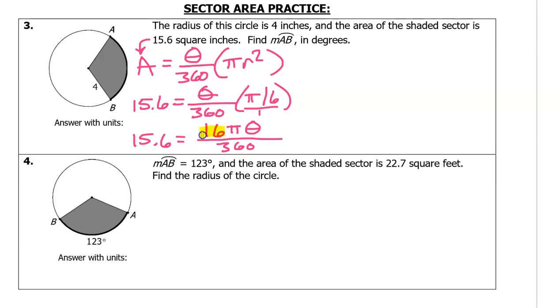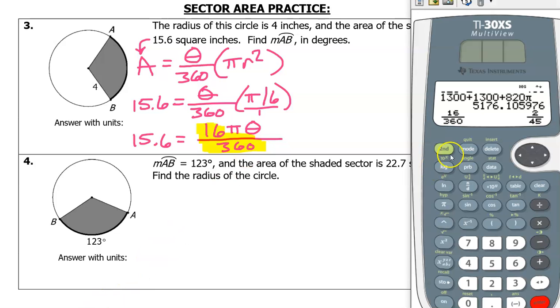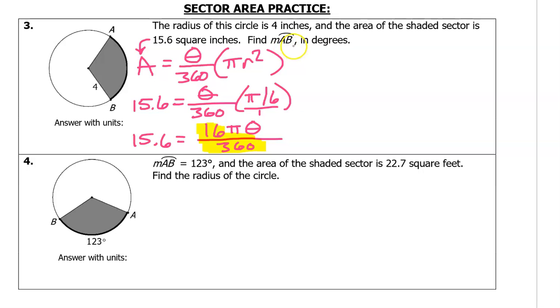Next, I would really like to reduce. I like smaller numbers. So look at this 16 over 360. If I put that in the calculator and reduce it, it turns into 2 over 45. So you don't have to do that, but I recommend it. So I'm going to get 15.6 equals 2 over 45 instead of the 16 over 360, and I still have the pi theta.